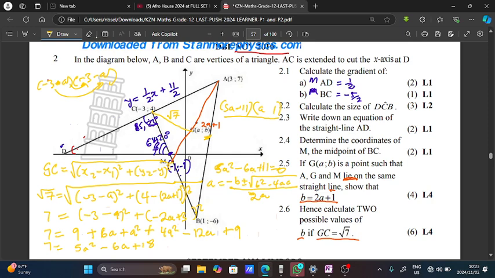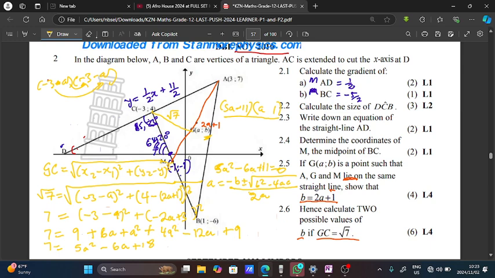Then you've got 4a squared minus 6 times 2, 9, and then positive 6a. Okay, this will be 5a squared minus 6a plus 18.